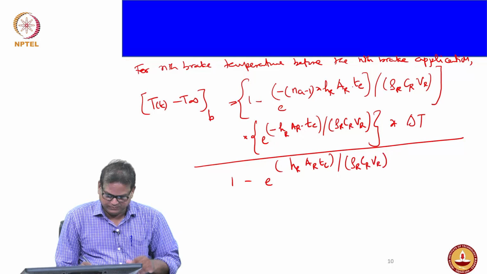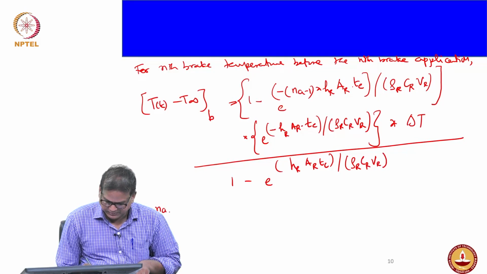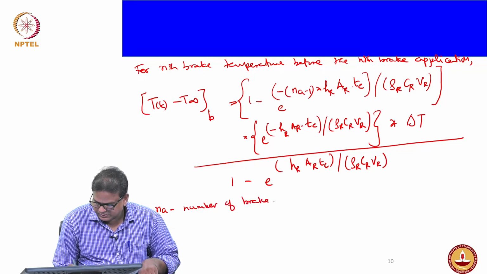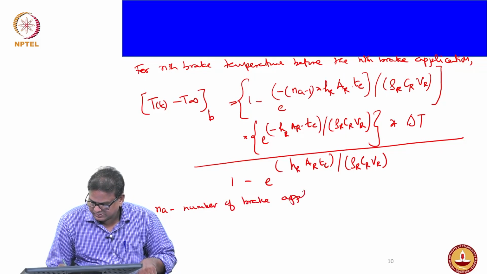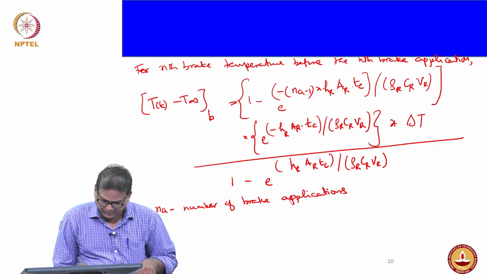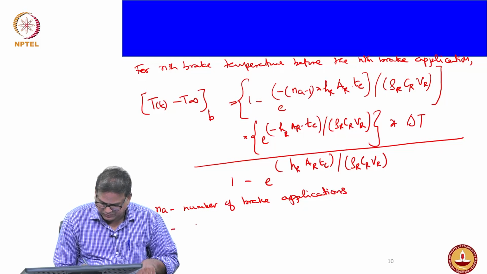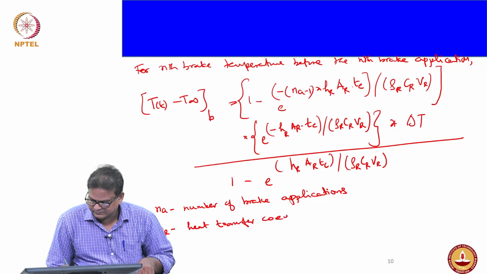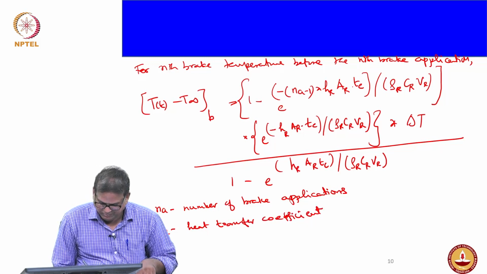Now what is NA? NA is the number of brake applications, and HR is the heat transfer coefficient. What do you mean by A?